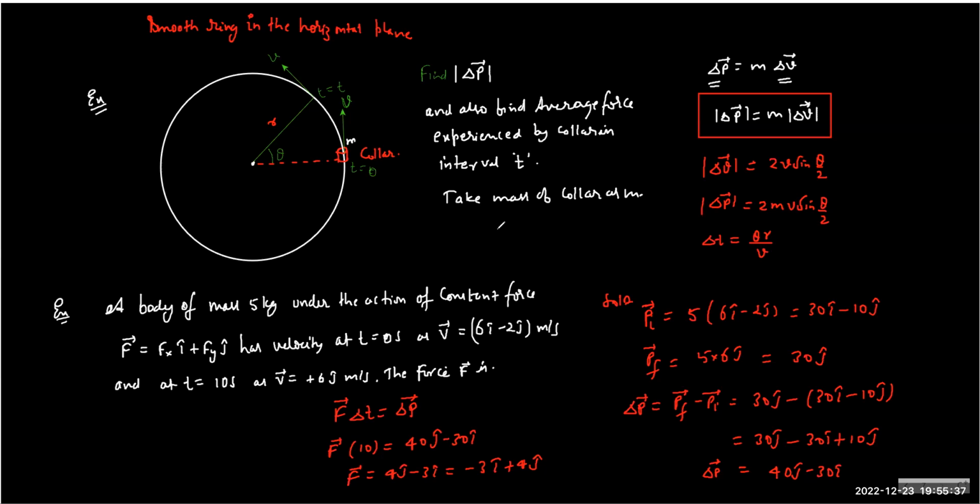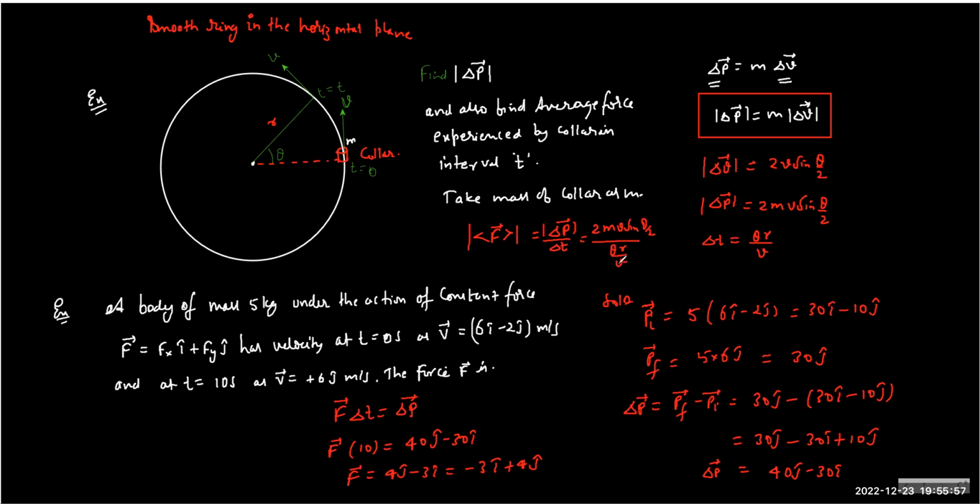So the modulus of average force will be delta p by delta t. So your answer is 2mv sine theta by 2 over theta r by v.